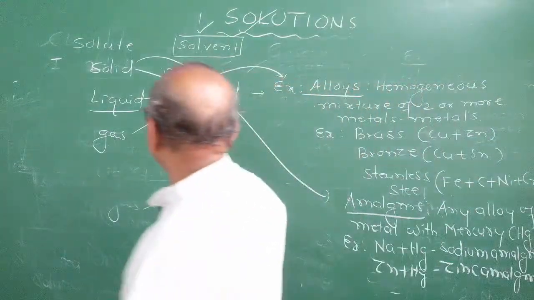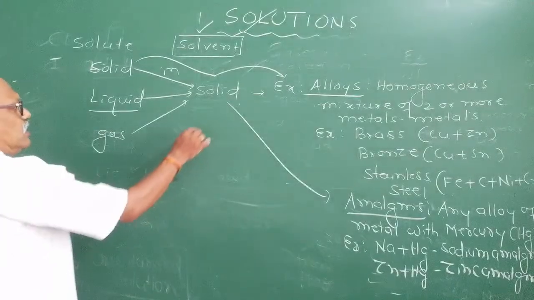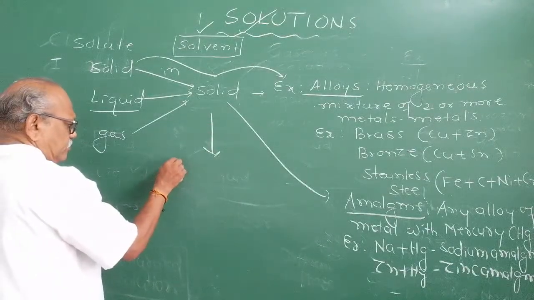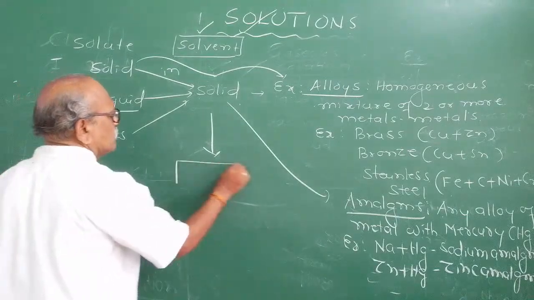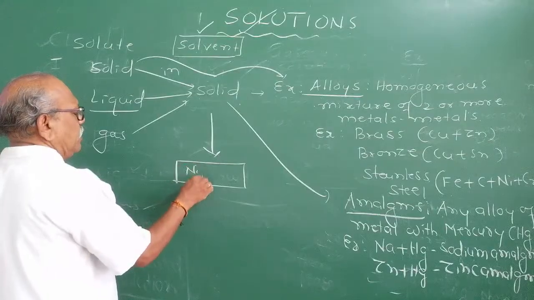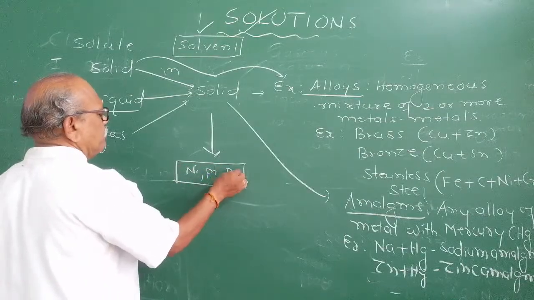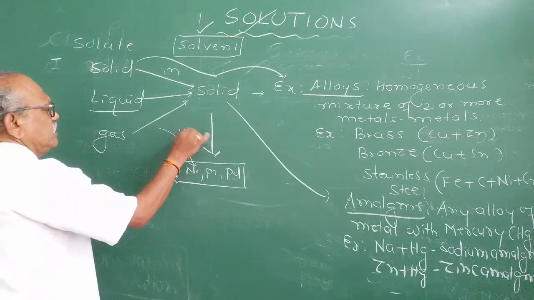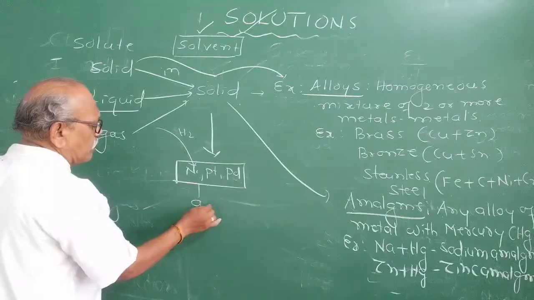Generally, hydrogen gas can be absorbed on a solid. You can take nickel, platinum, palladium. When you pass hydrogen gas over it, this hydrogen gas will be adsorbed on it.